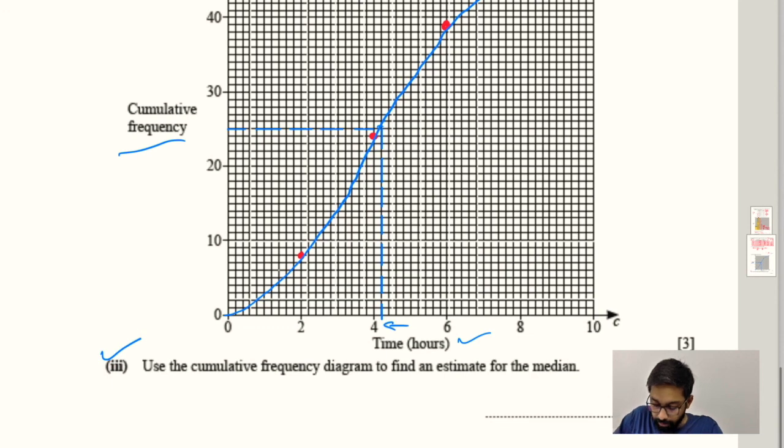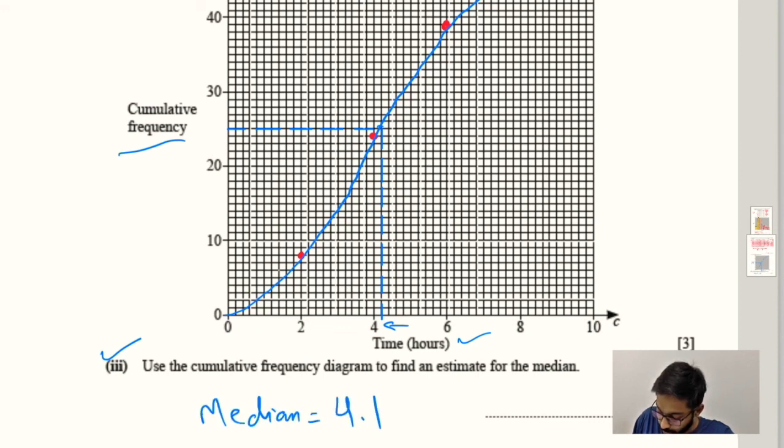This value right here is going to be your median. So the median is 4.1 hours, or you can write it here, 4.1 hours.